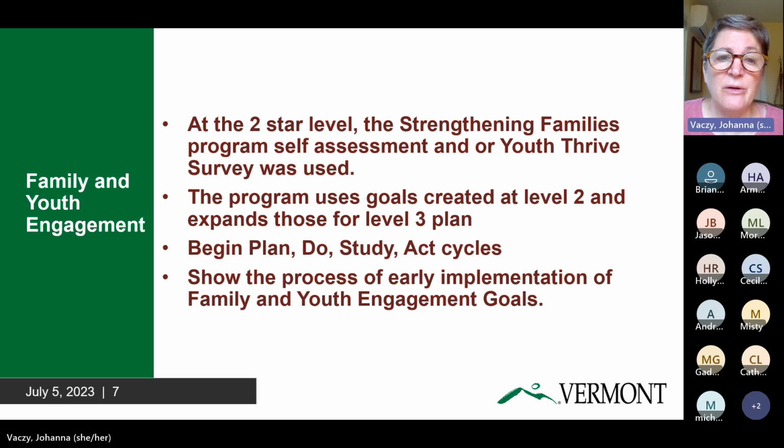Once you've created goals using the Strengthening Families or Youth Thrive program self-assessment and the STARS standards for STARS level 3, you begin the plan, do, study, act cycles and show the process of early implementation of family and youth engagement goals as part of that process.